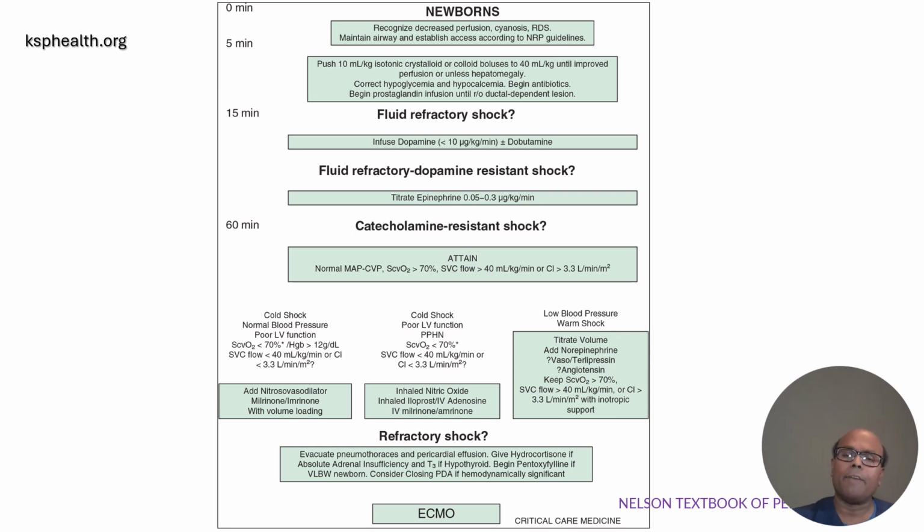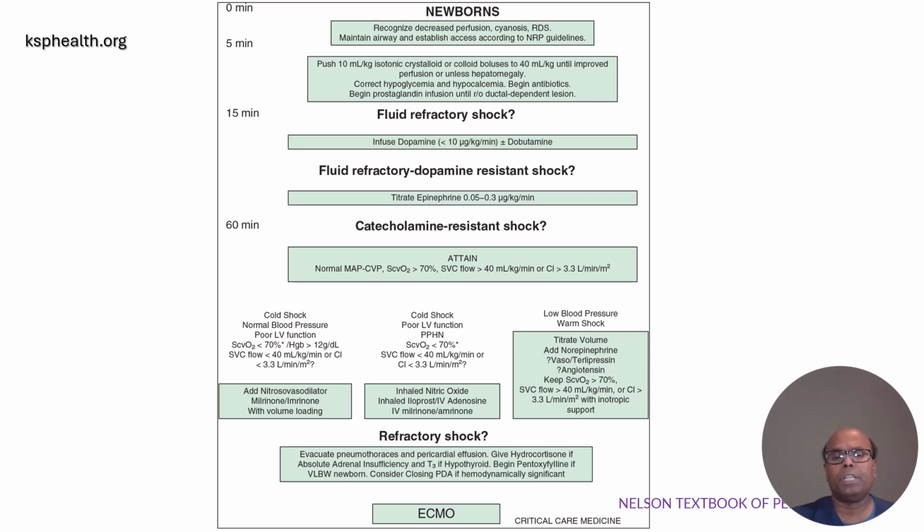Make sure the patient does not have hypoglycemia or hypocalcemia, which need to be remedied right away. If the blood pressure didn't perk up with the fluid bolus alone, start dopamine. If you suspect any kind of cardiogenic component, add dobutamine. If the patient is fluid refractory and dopamine resistant, then the practice is to start epinephrine.